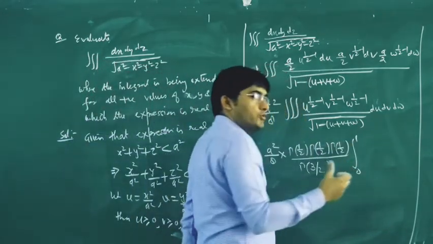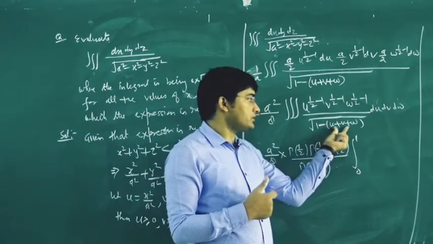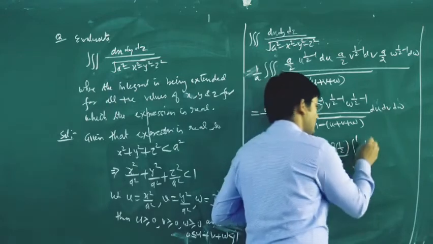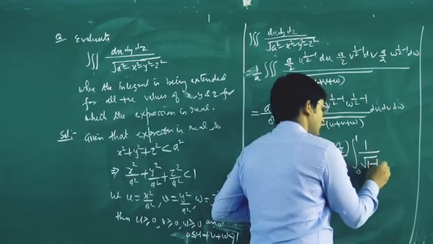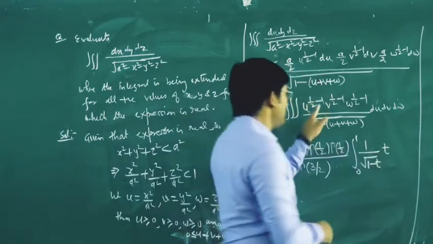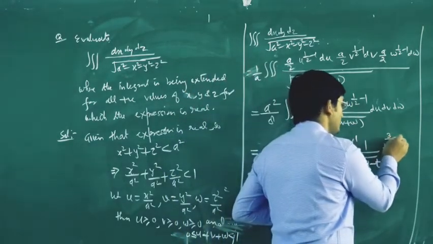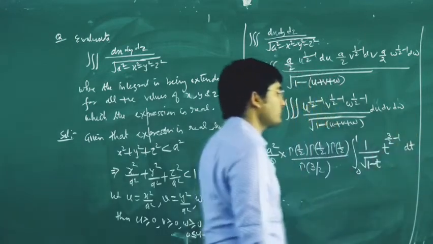Let us take u plus v plus w as a single variable, which I assume as t. So we have 1 minus t into t power l plus m plus n minus 1, so this will be t power 3 by 2 minus 1 into dt.